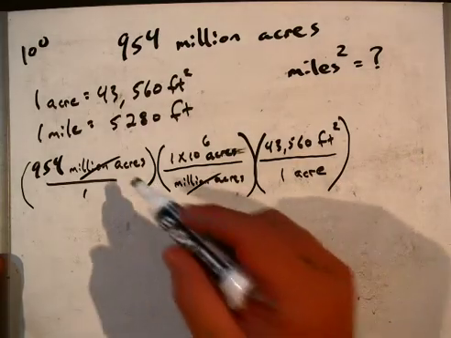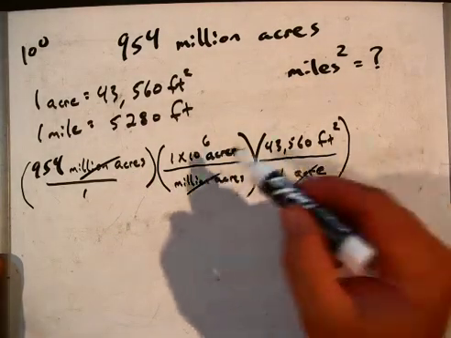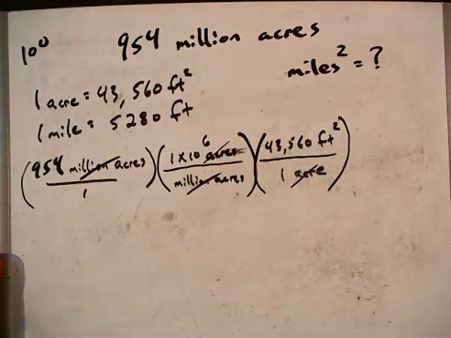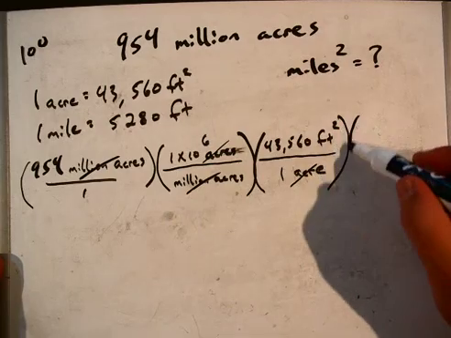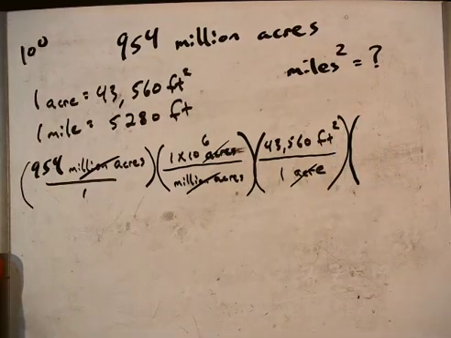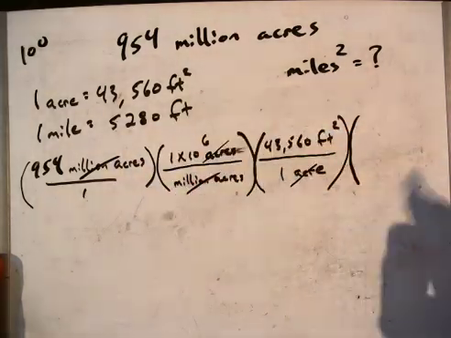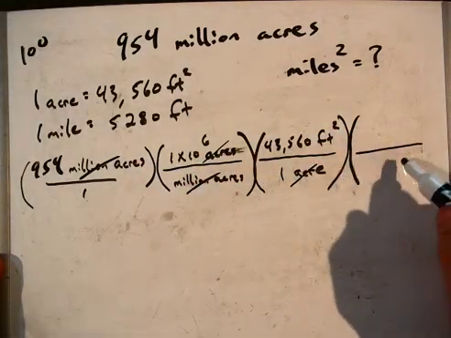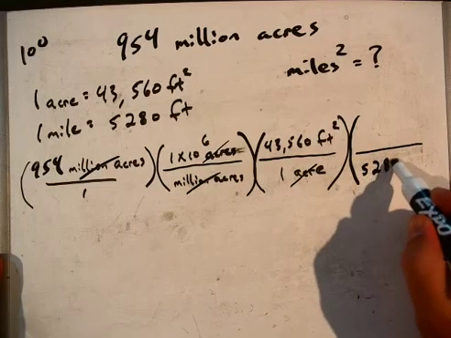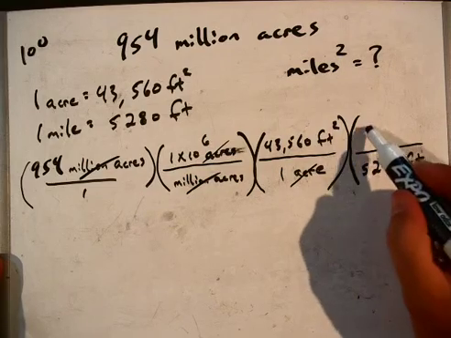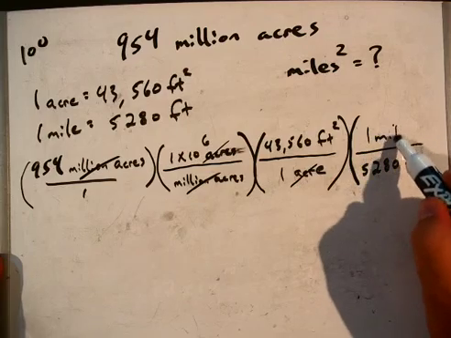So now we've gotten out of millions of acres, we've gotten out of acres, and now we're actually in feet squared. Now we want to get into miles squared. And so using our conversion above, for every 5,280 feet, that is 1 mile.